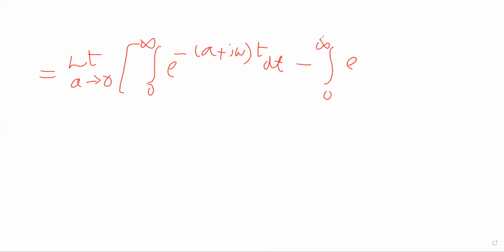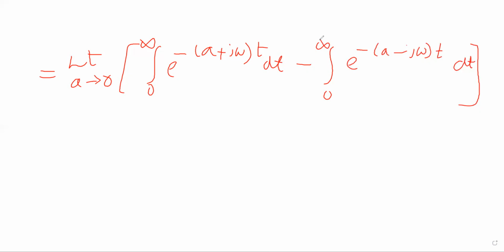In that case, the exponential sign, earlier it was positive, now it is getting negative, that is e to the power minus a minus j omega t dt.